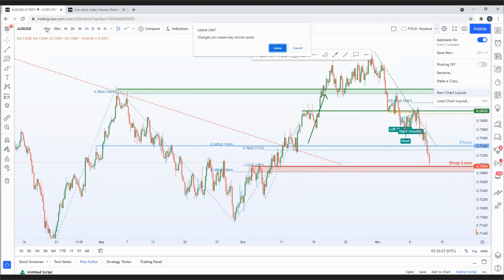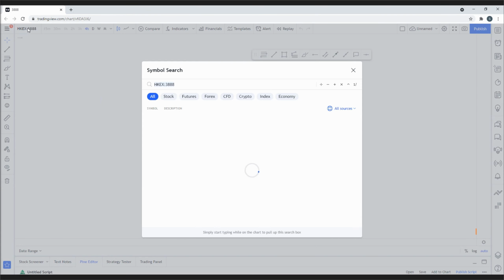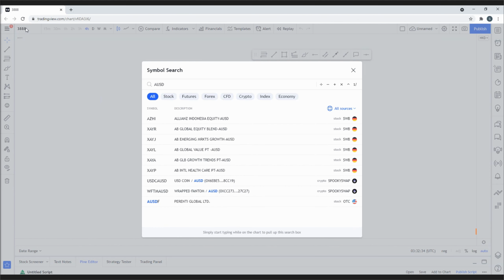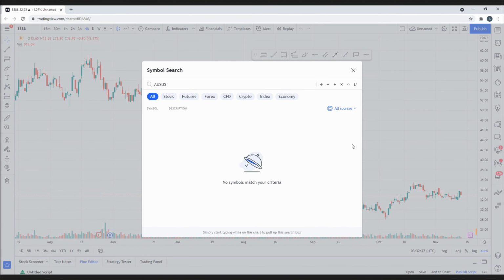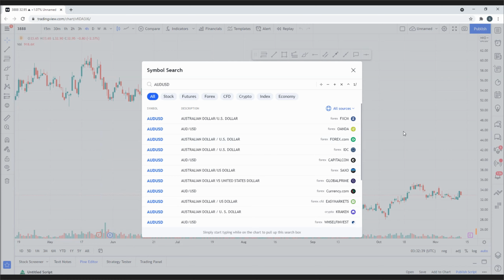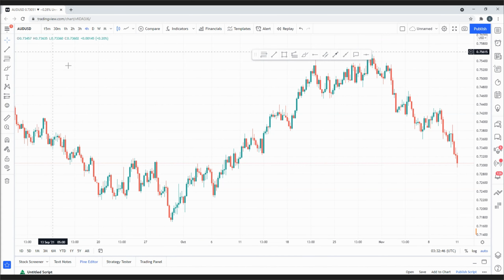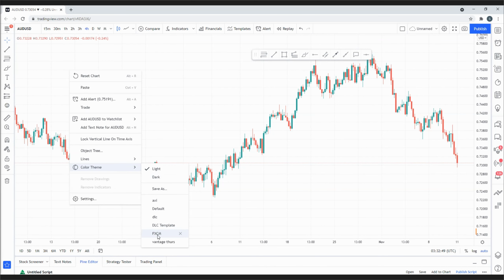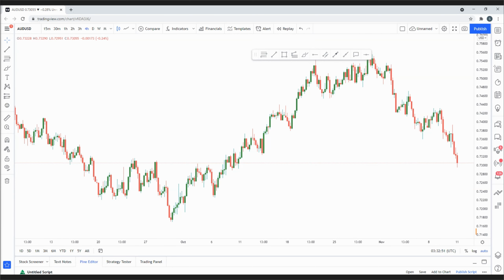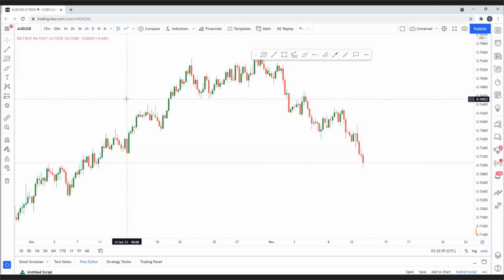Let me use a new chart layout. All right. So let's type Aussie dollar.